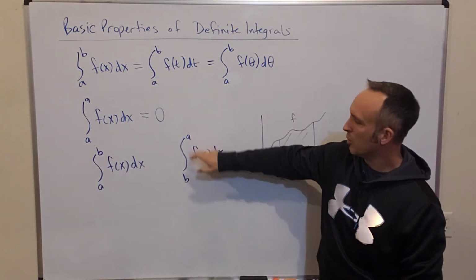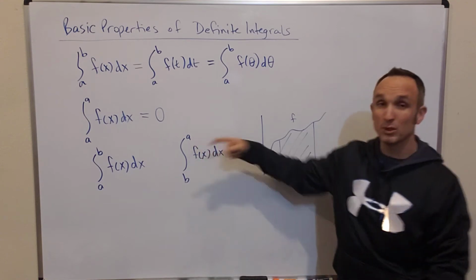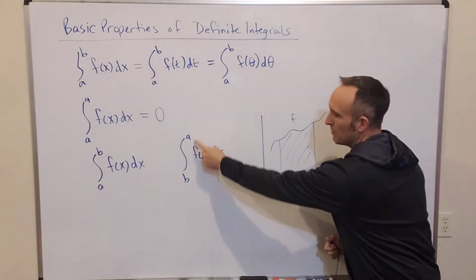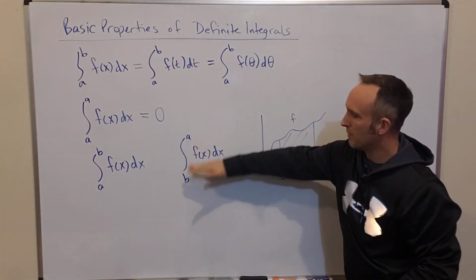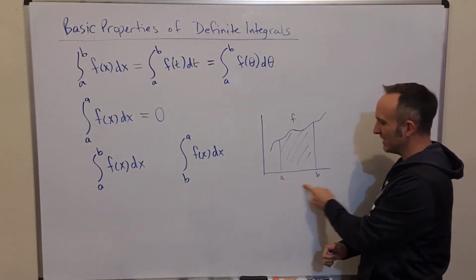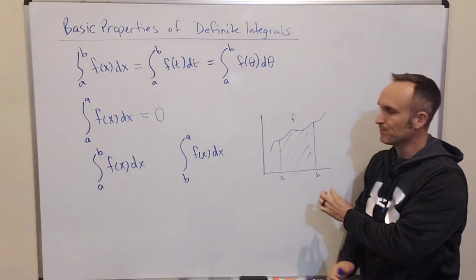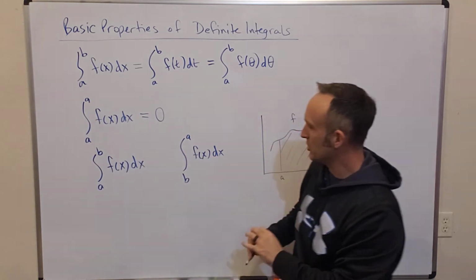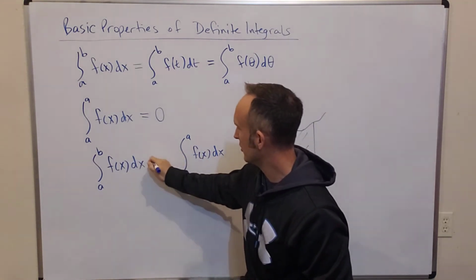If you make the lower number, a, your upper limit of integration, then now when you calculate those widths, you do a minus b. You do the top minus the bottom. But you can see if you do a minus b, you're going to get a negative width for each rectangle. So the relationship between these two, when you flip your limits of integration, is they are opposites of each other.